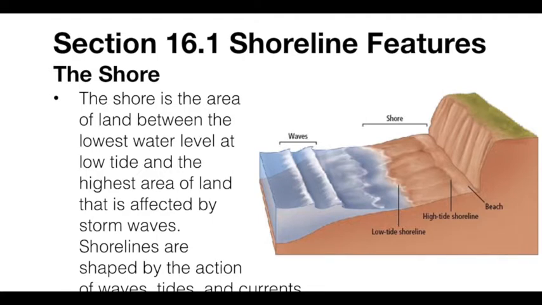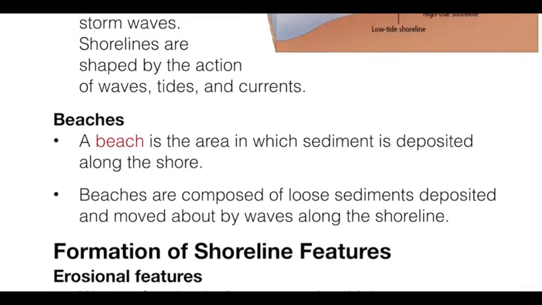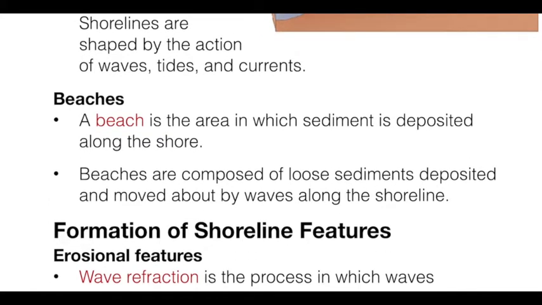It is the shoreline that's affected especially by waves, also currents, and then the tides. These are all moving water events that are going to shape and change the shoreline. So a beach is the area where the sediment is deposited.